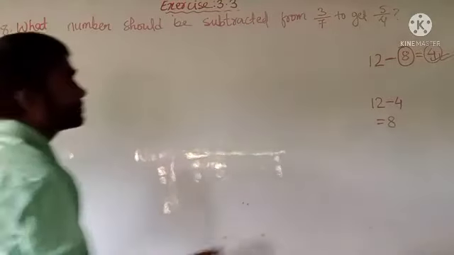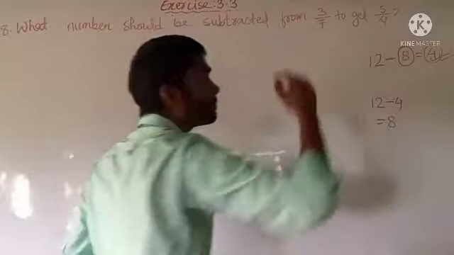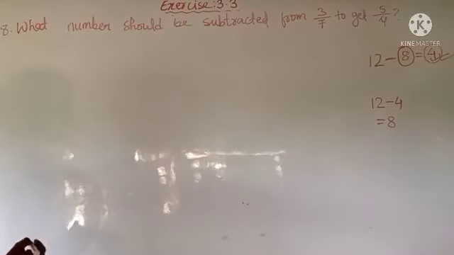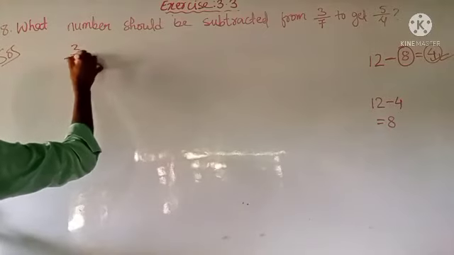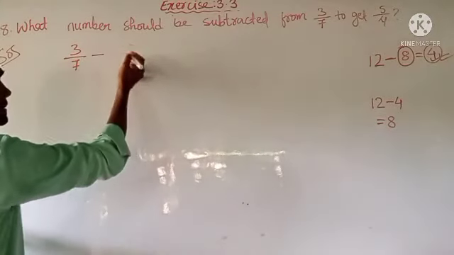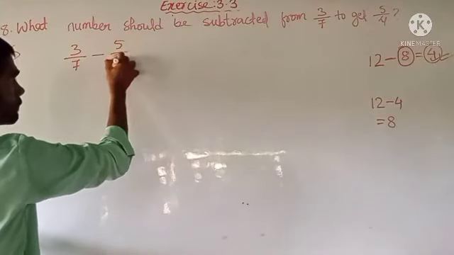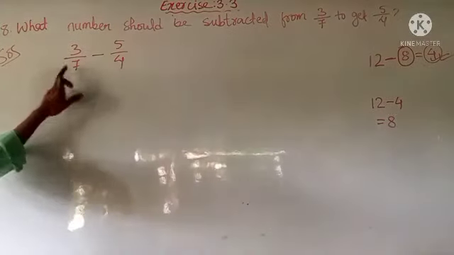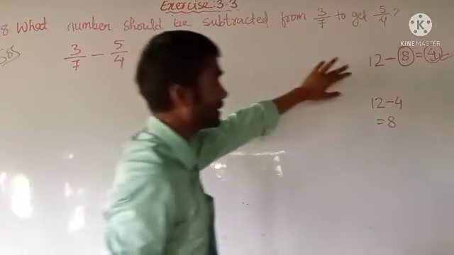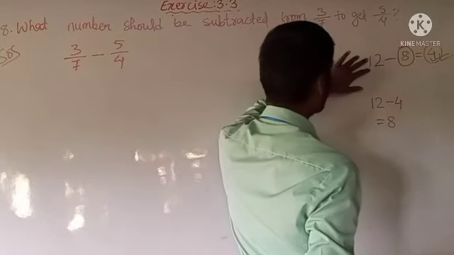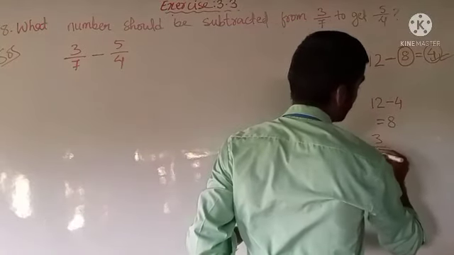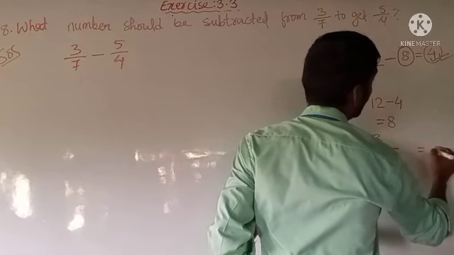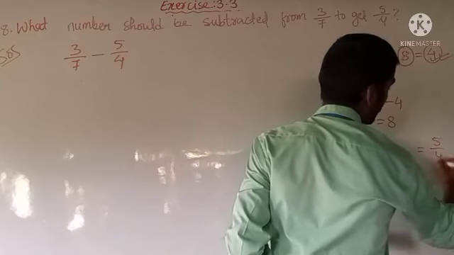So what I have told you, that means from whatever number is there, that we used to write first. So the same thing we will do here also. That means 3 by 7 minus 5 by 4. What should be subtracted from 3 by 7 in order to get our answer, that is 5 by 4?